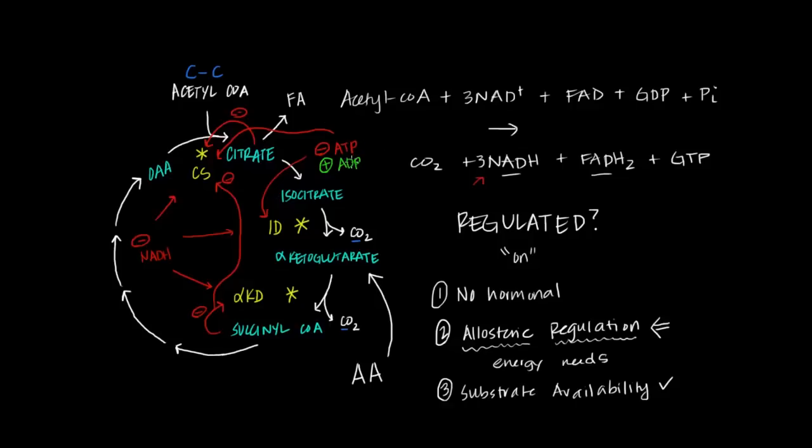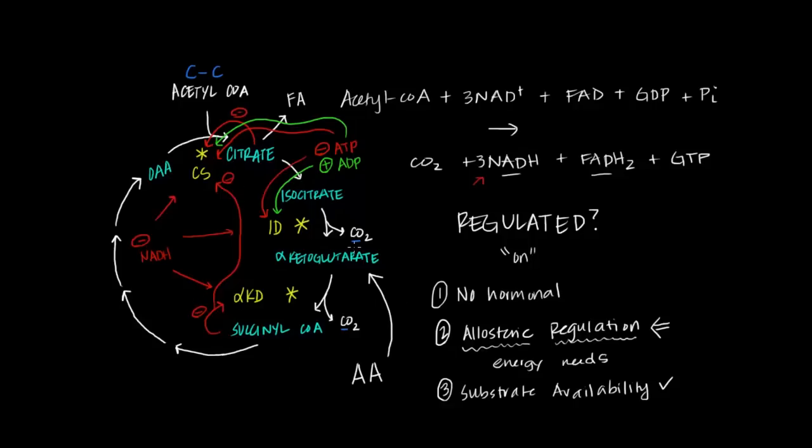It's running out of its ATP, and it will therefore need to produce more ATP. And if it needs to produce more ATP, it makes sense that it would want to activate the enzymes in the citric acid cycle. And it's easy to remember because it activates the same enzymes that ATP inhibits. So those are citrate synthase and isocitrate dehydrogenase.